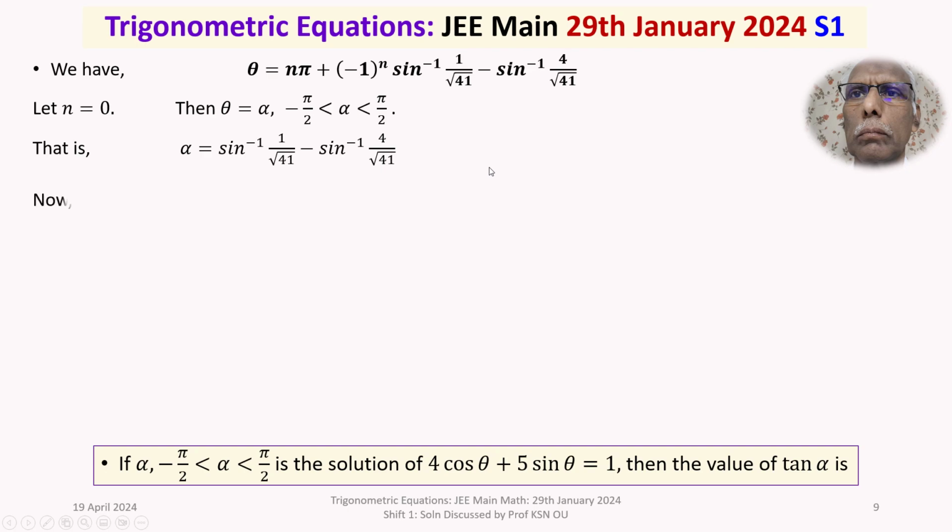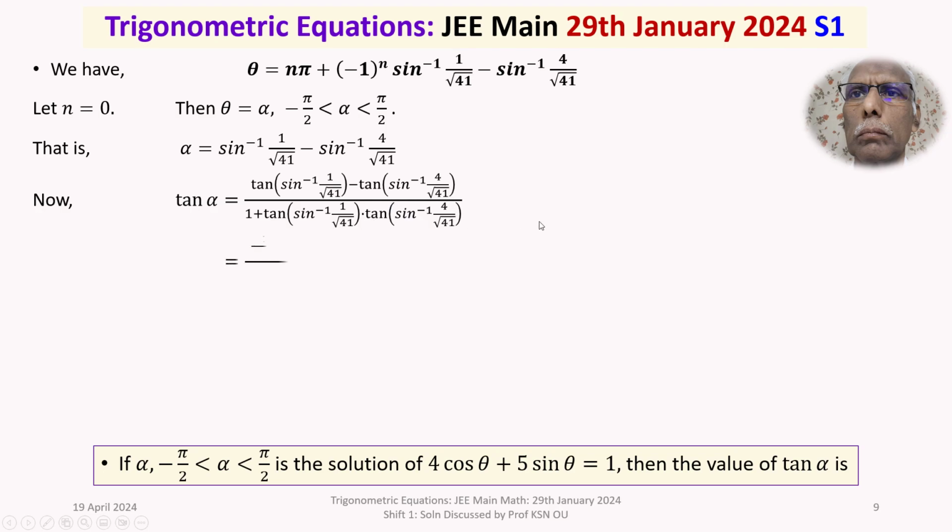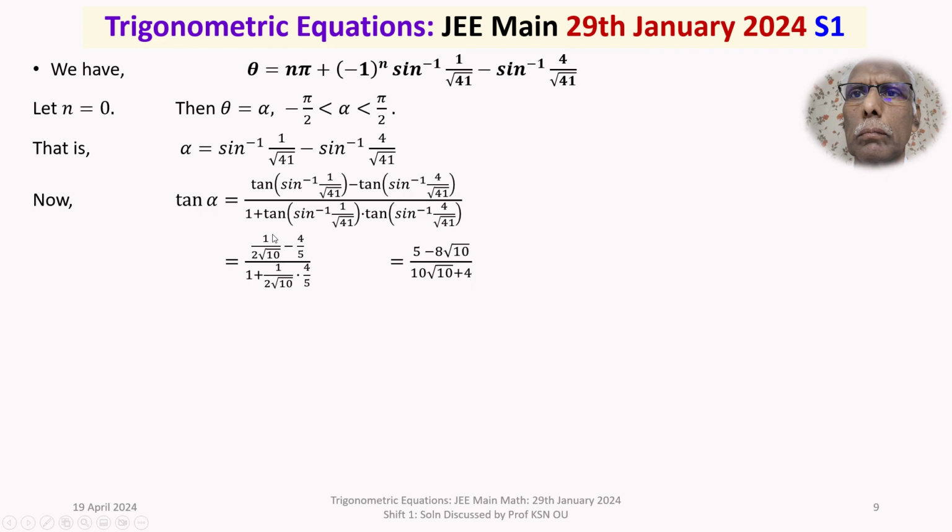Now take the tans on both sides. Tan of alpha is equal to tan of theta 1 minus tan of theta 2 by 1 plus tan of theta 1 multiplied by tan of theta 2. Now simplify. Tan of sin inverse of 1 by root 41 is 1 by root 40 actually, so that is 1 by 2 root 10.